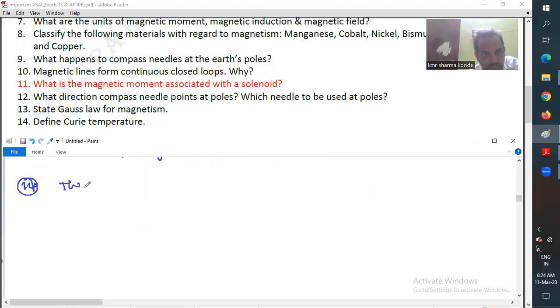The Curie point, you can say the Curie temperature, of a ferromagnetic material, above which, just orally write, above which it loses the property to possess magnetism in the absence of external field.